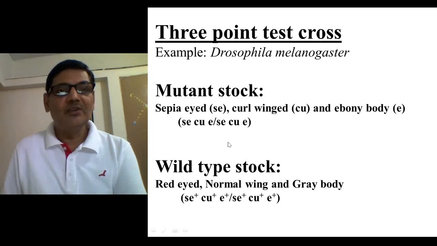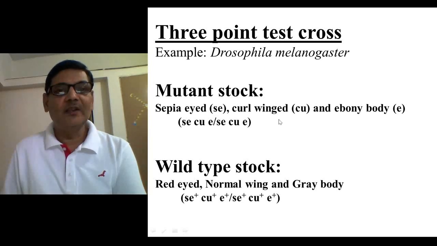So you need these 2 stocks, that is the wild type stock, and from this stock you can collect the female flies. So virgin female flies will have to be collected from the wild type stock, and these flies will be crossed with mutant stock. Okay, mutant stock.